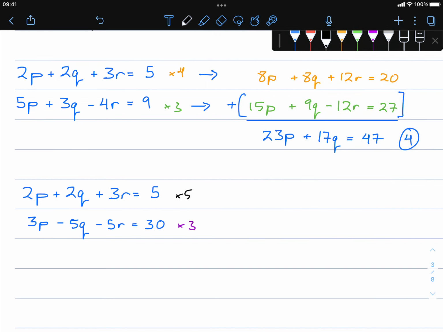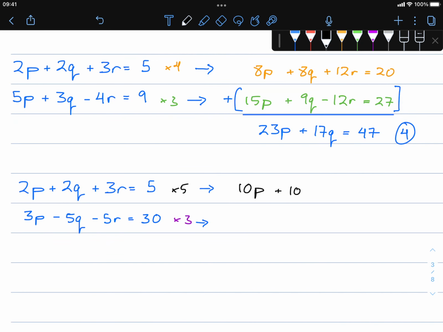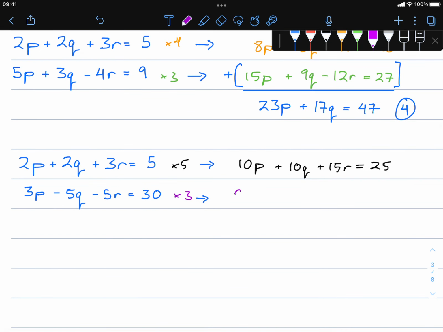Okay, so it's going to become 10p plus 10q plus 15r equals 25. This will become 9p minus 15q minus 15r equals 90.